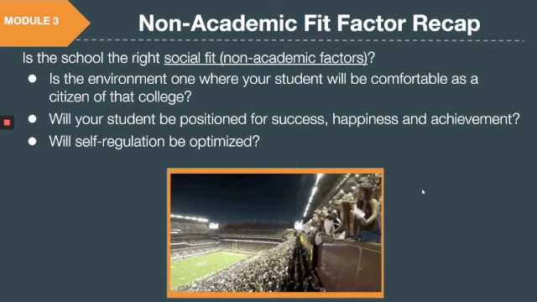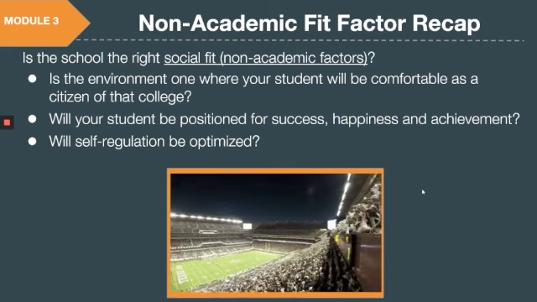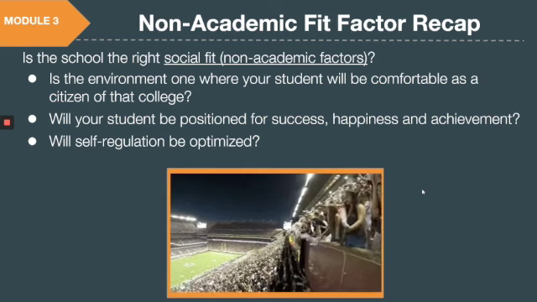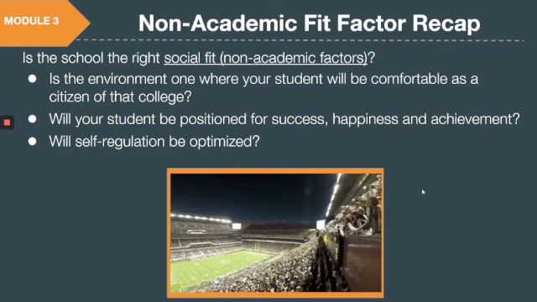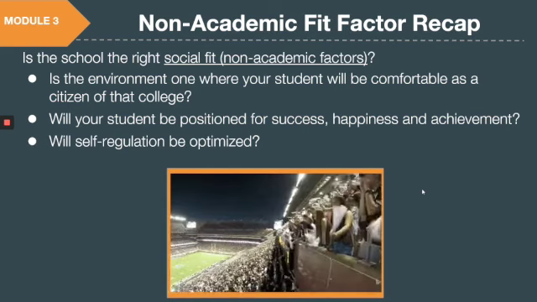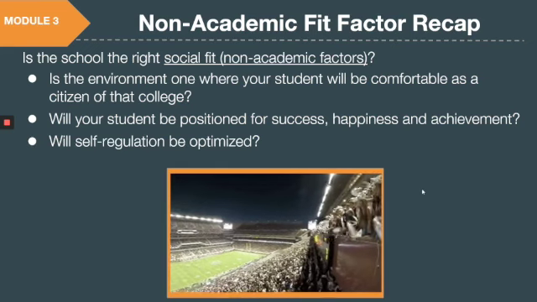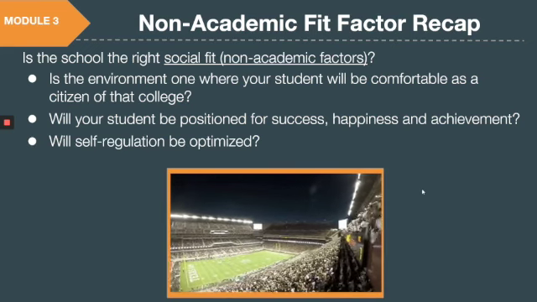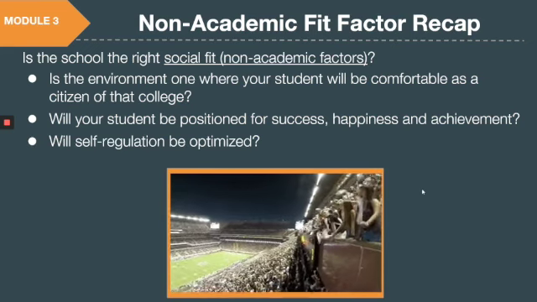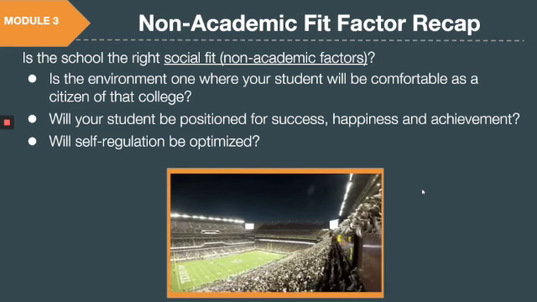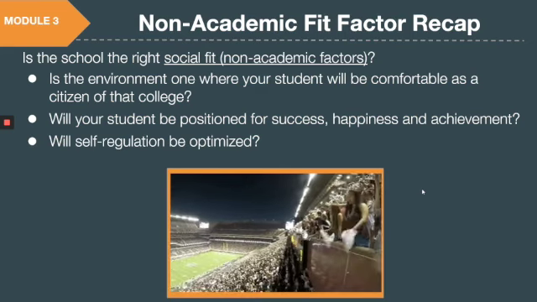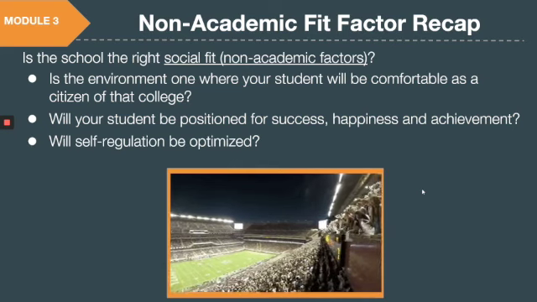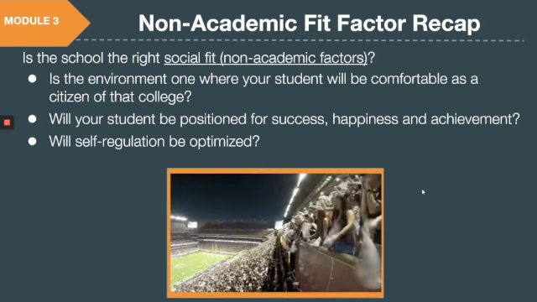However, at the same time, the happy child is the successful child, and that has a lot to do with being in the right academic environment, but it also has to do with their peers, with their community, with their clubs and activities, with the support that they might be able to get or look for if they need it, and for being around people that they feel comfortable with and that are like them.